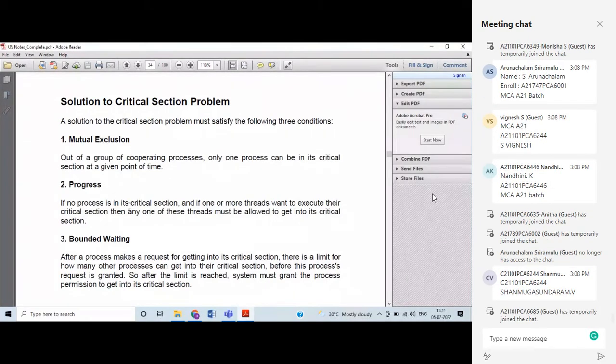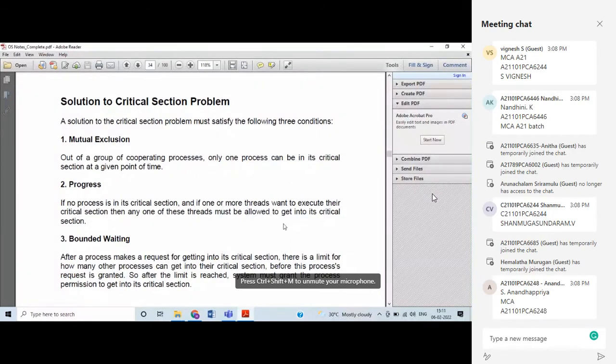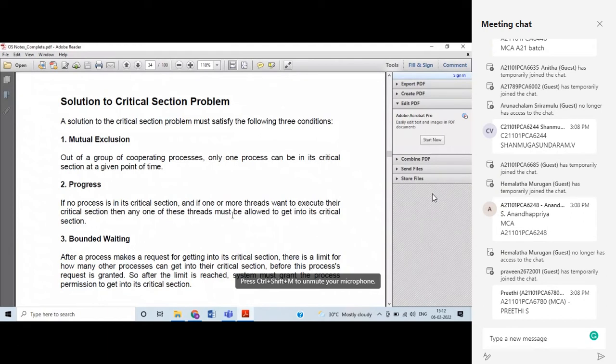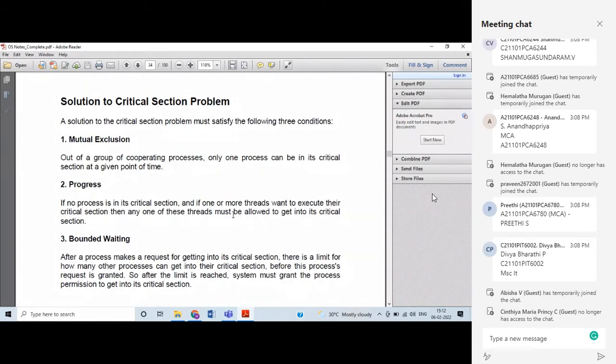Then the second condition is progress. If no process is in its critical section and one or more threads want to execute their critical section, then any of these threads must be allowed to get into its critical section. Progress means, if at a particular time no process is in its critical section and one or more threads are waiting to access it, then among those threads, one should be allowed to get into the critical section. That is, the threads decide among themselves which thread goes inside to access the critical section.